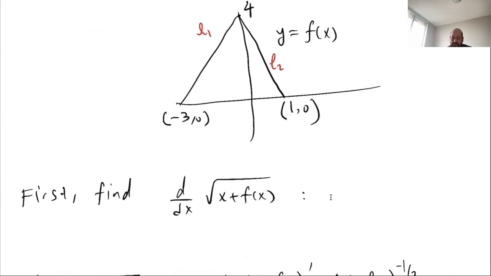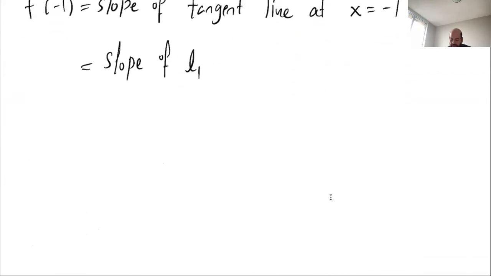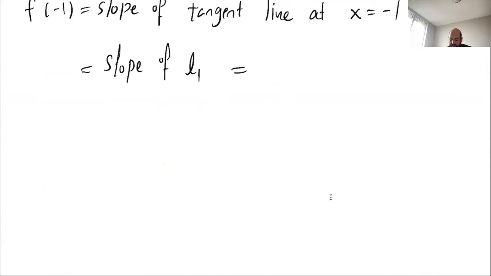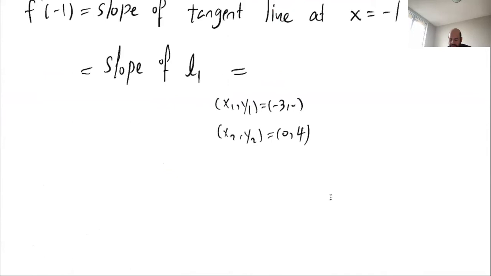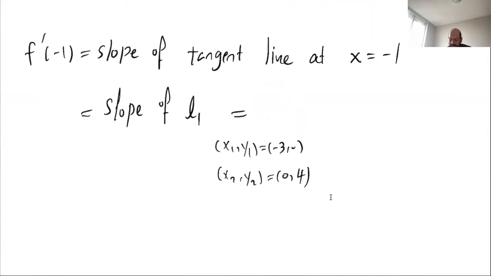Now, how can I find the slope of L1? Well, we just need 2 points, right? And then y2 minus y1 divided by x2 minus x1. What are the points? x1, y1 is -3 and 0, x2, y2 is 0 and 4. So this will be 4 minus 0 divided by 0 minus -3.